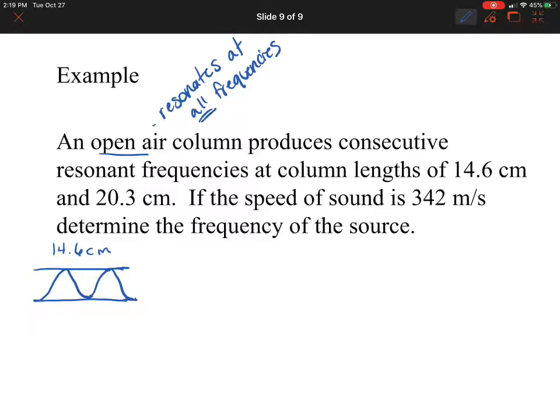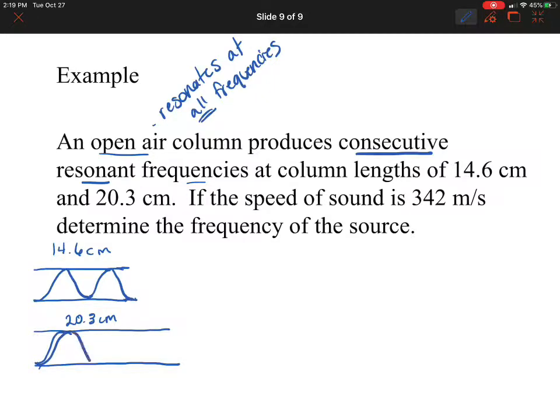So here's my question. We know the next one happens at 20.3. Okay, so if this is the 20.3 centimeters, it says these air columns produce consecutive resonant frequencies. So what the heck does that mean?